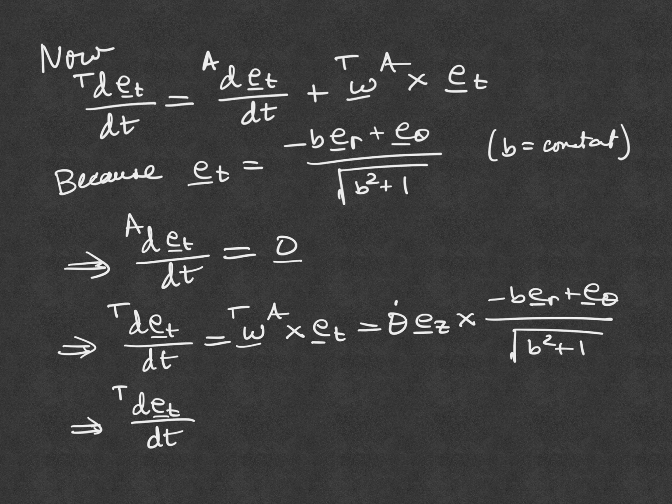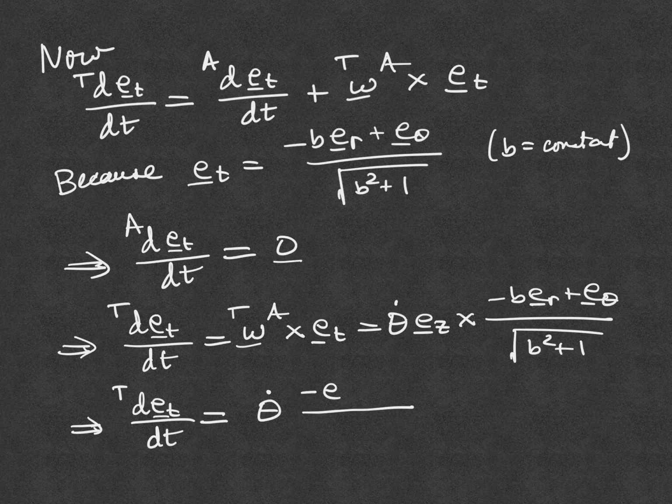We can go through the calculations. We have a theta dot that sits out front, and then we have e_z crossed with e_r and e_z crossed with e_theta. So e_z crossed with e_r is e_theta, and e_z crossed with e_theta is minus e_r.